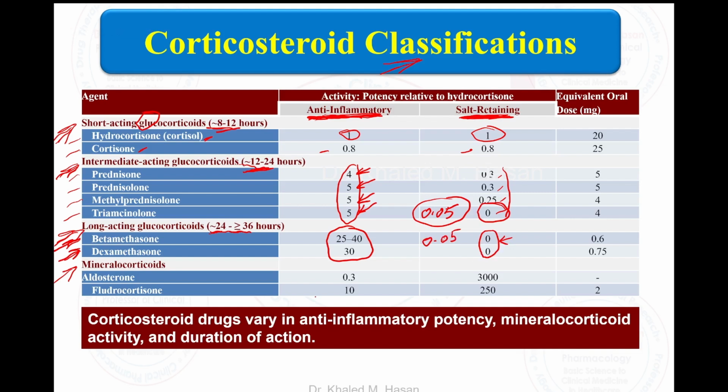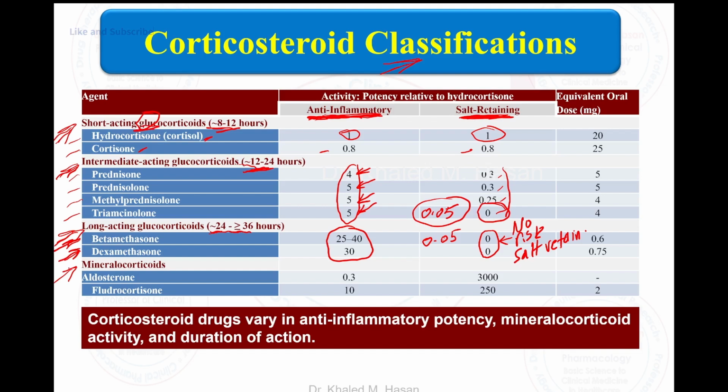It's a significantly smaller effect on salt retaining, so there's no risk of salt retaining. We are done with the first pass on the glucocorticoids. This is the classification.